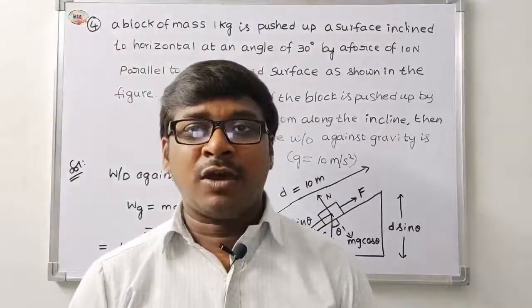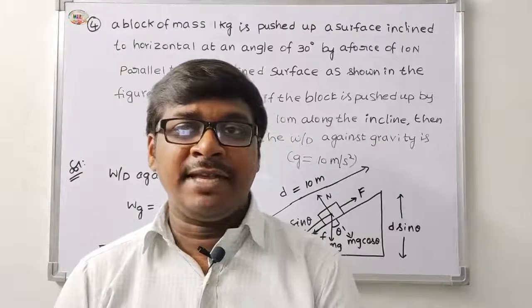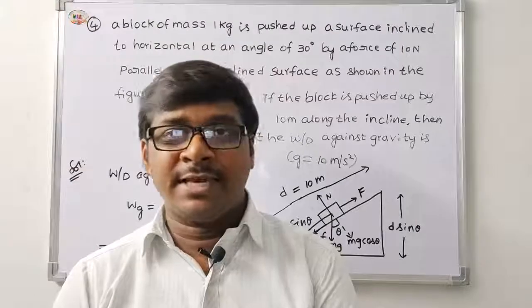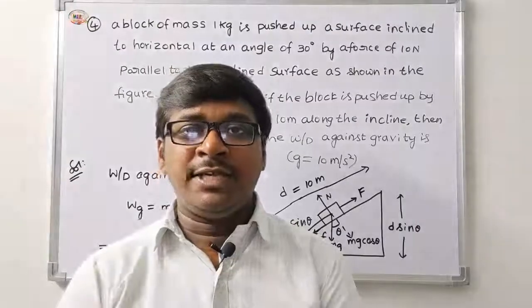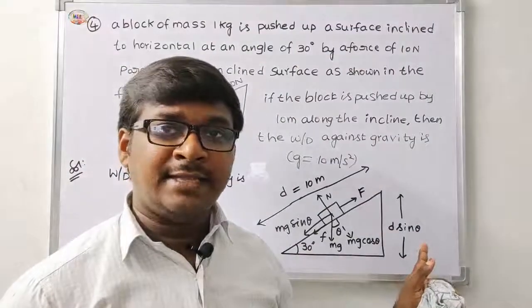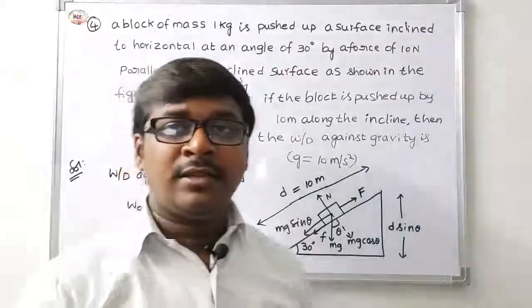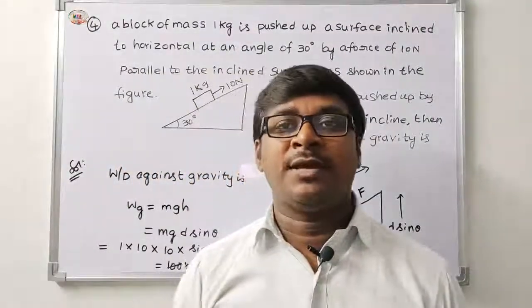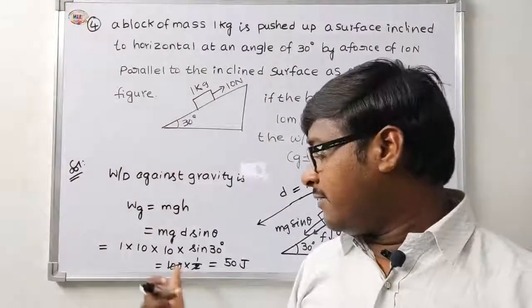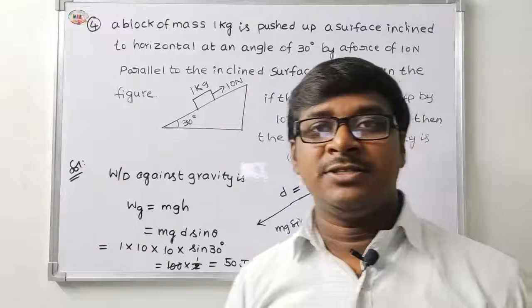Therefore, the work done against gravity is Wg, actual formula W is equal to mgh, m into g into h, where h is d sin theta. Then I substitute in this formula and find out easily. Work done against gravity, Wg is equal to 50 joule.